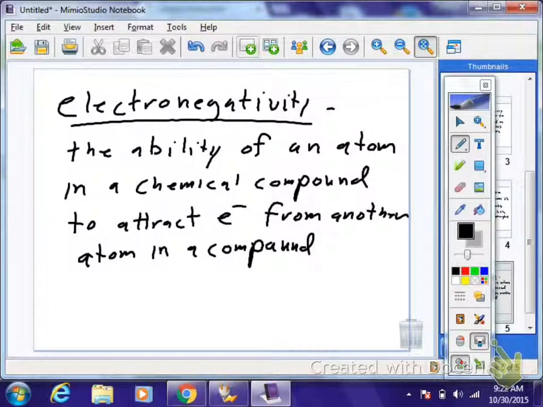So what is the period trend? Increases. Group trend? Decreases. It's pretty easy to know once they're always opposite. If you get them mixed up, then you're in trouble when you have to answer questions with them.